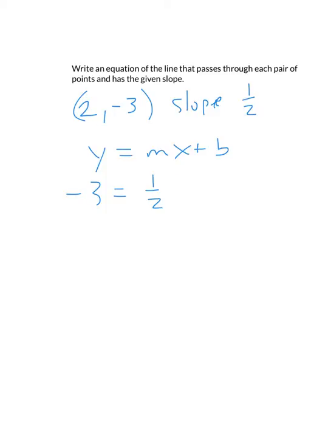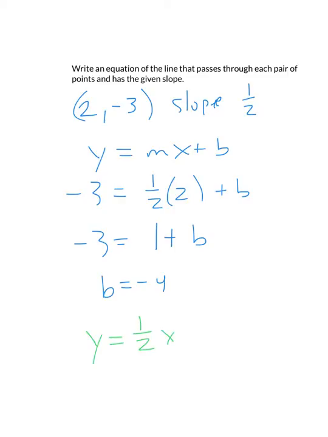Y is negative 3, x is 2, we don't know what b is, so we say negative 3 equals 1/2 of 2, which is 1, plus b, so then b must be negative 4. So the equation is y equals 1/2 x, that's not a plus, it's a minus 4. That would be your linear equation for that one. That's how you do the ones like that.